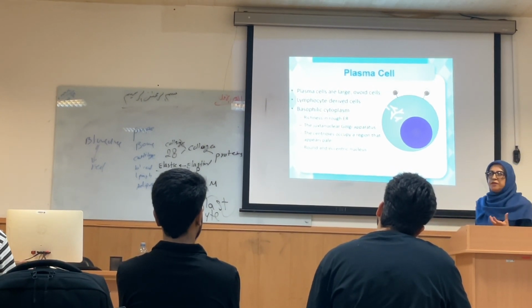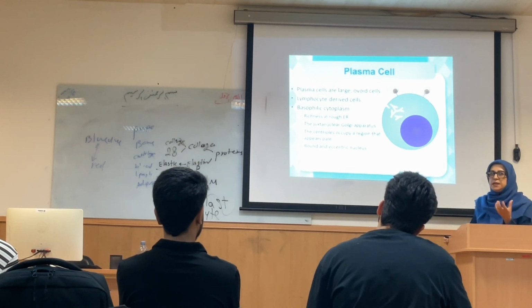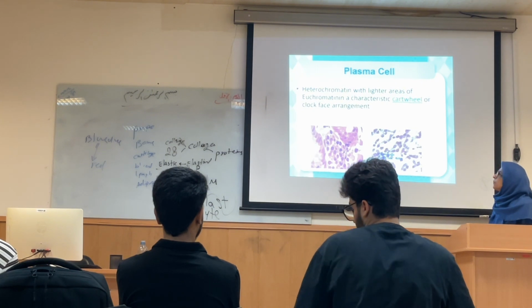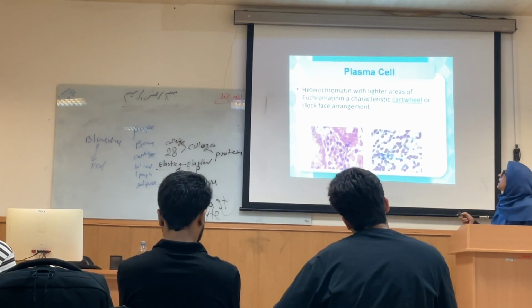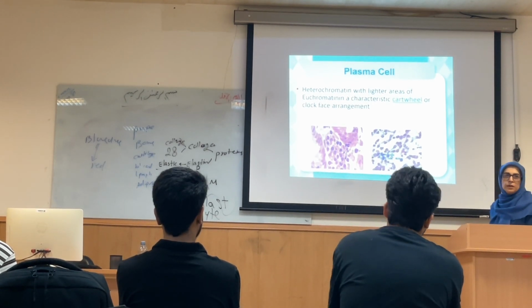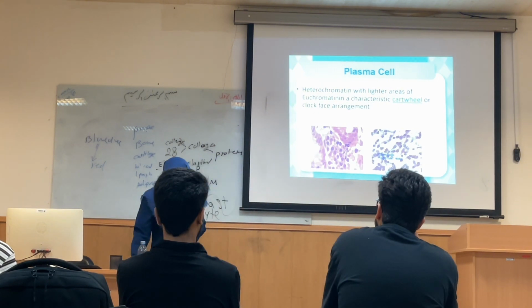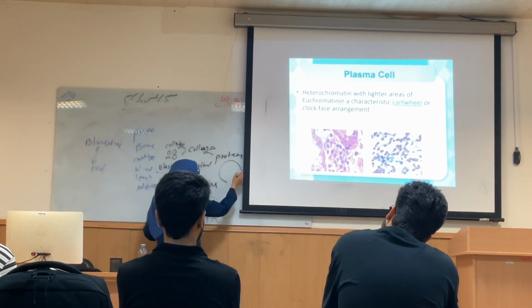Immunoglobulins are a type of protein. Because of it, these cells have a very distinct basophilic cytoplasm and a lymphocyte-like nucleus. A specific characteristic of the plasma cell is the pattern of the heterochromatin and euchromatin. Yesterday we talked about that. They form a pattern like a clock face.